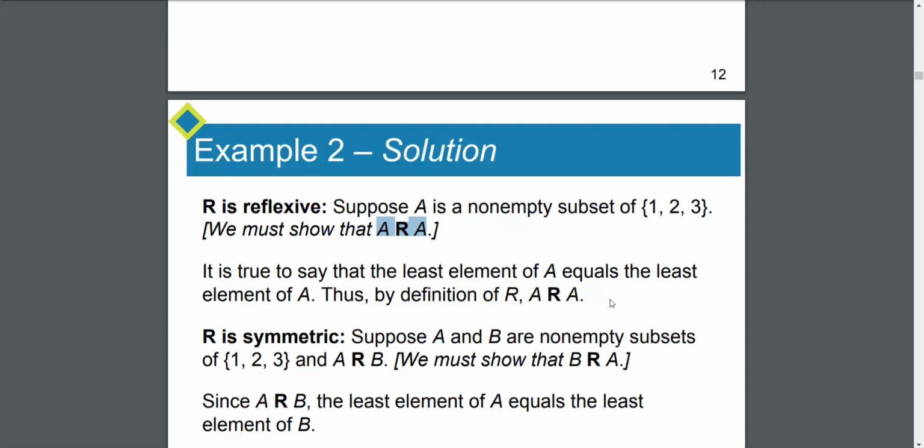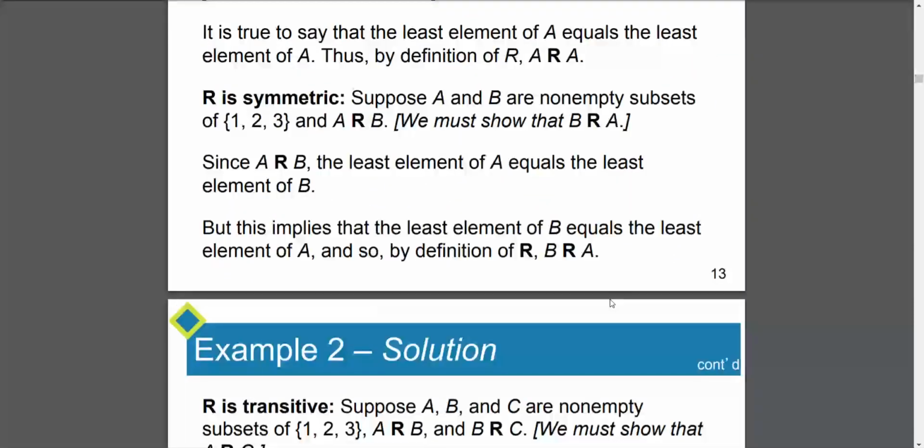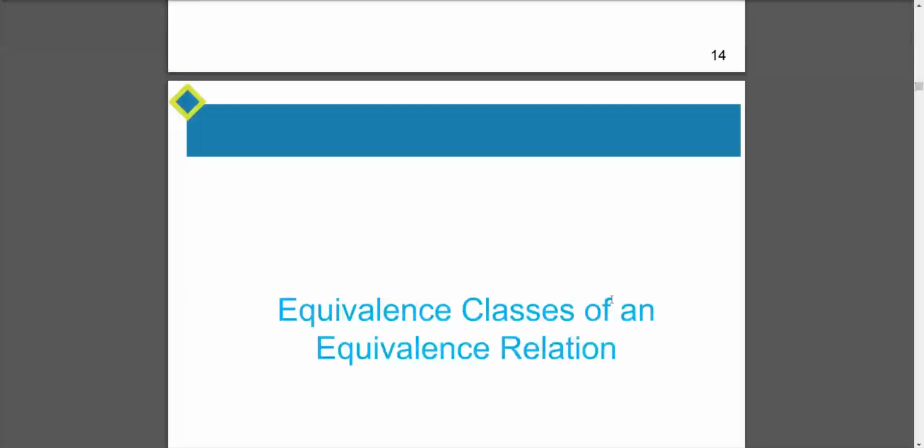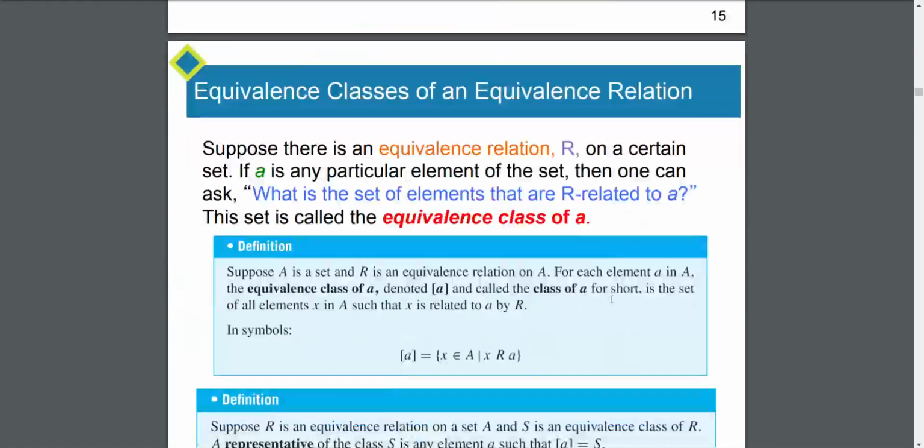That's the definition. So if we can show that all of these properties are satisfied, then there is an equivalence relation. Given an equivalence relation R on a certain set, if A is any particular element of the set, then one can ask what is the set of elements that are related to A. This is called the equivalence class of A.